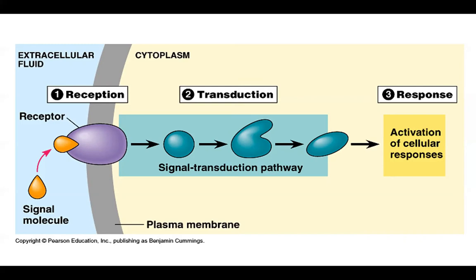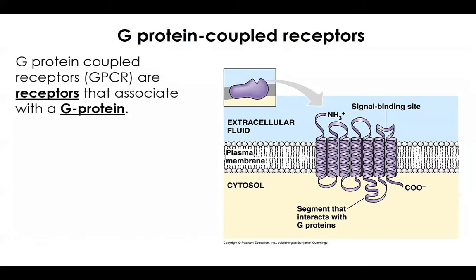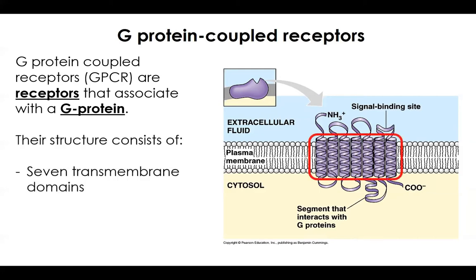So let's get started with a specific type of receptor called G protein coupled receptors. This may sound like a really confusing name, but actually it's very straightforward. G protein coupled receptors are simply receptors that associate with something called a G protein, which we'll talk about in the next couple of slides. G protein coupled receptors have a structure that consists of 7 transmembrane domains.